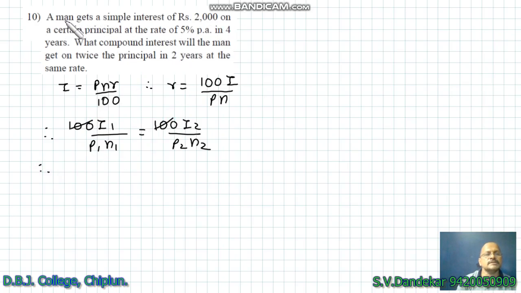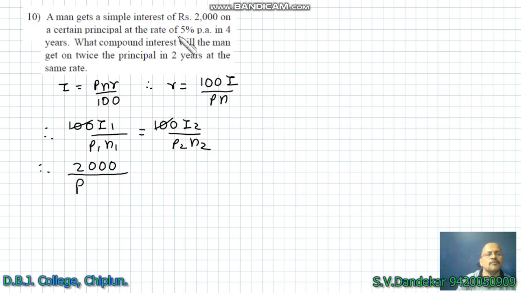In the first case, a man gets simple interest of 2000 on a certain principal, let us call it P, at the rate of interest 5% per annum. The rate of interest is same, so I am not going to calculate it.